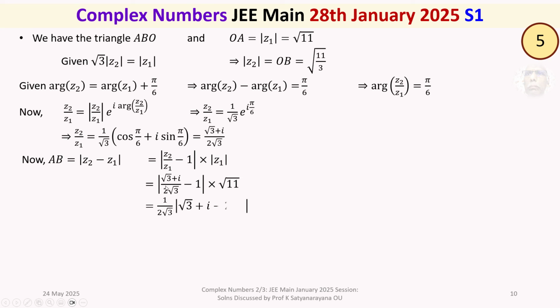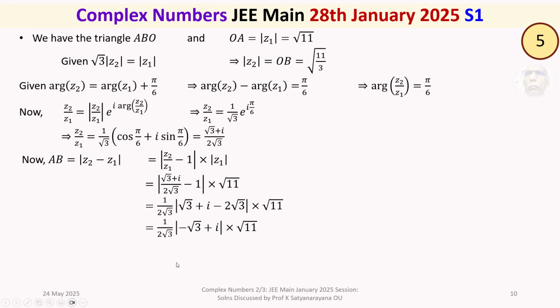Now simplify: taking 1 by 2 root 3 common and taking the LCM, we get root 3 plus i minus 2 root 3, into root 11. Now this is 1 by 2 root 3 into modulus of minus root 3 plus i, into root of 11.